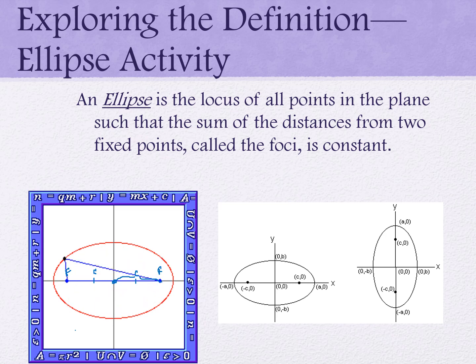So there are some really interesting properties to the ellipse, and I'll put those links on your Teams page. But basically, the focus point, if you've ever heard of a whispering gallery, maybe on a tour of the Capitol, I know that when we did that, they pointed it out to us.